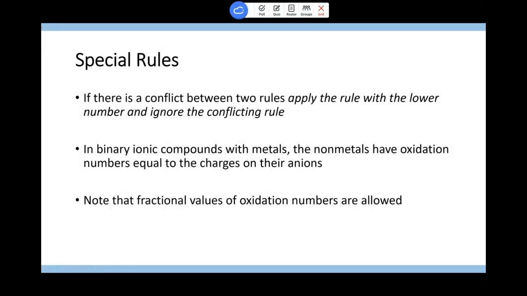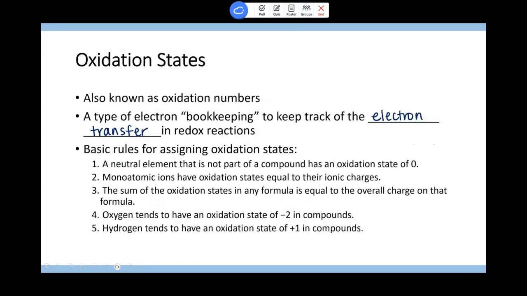If there is a conflict between 2 rules, apply the rule with the lower number, ignore the conflicting rule. Applying the rule with the lower number means higher on the list. So we go with basic rule 1 and then move to 2 and then 3, 4, and 5.